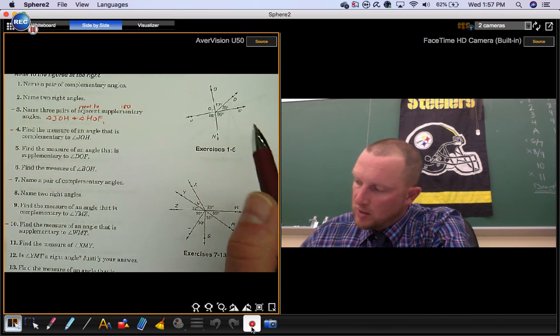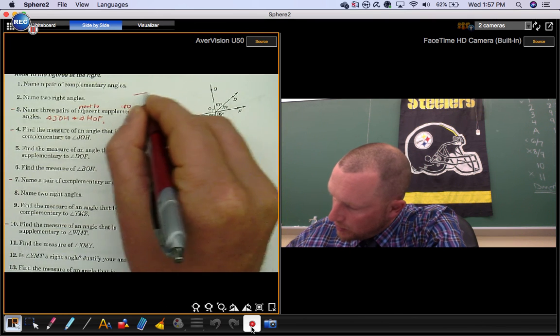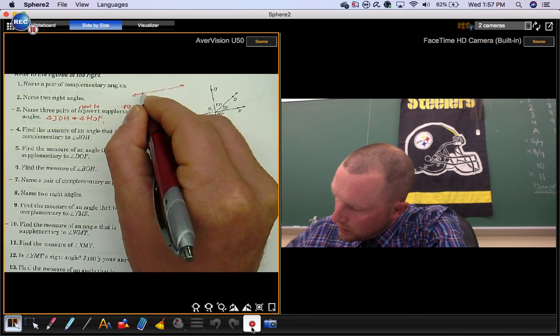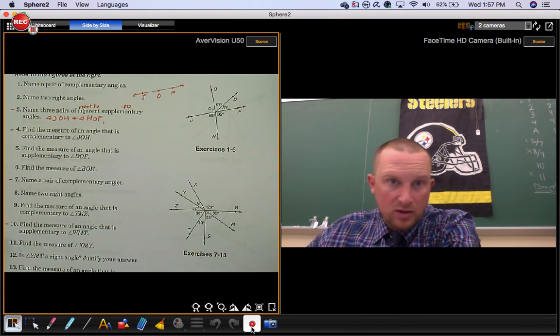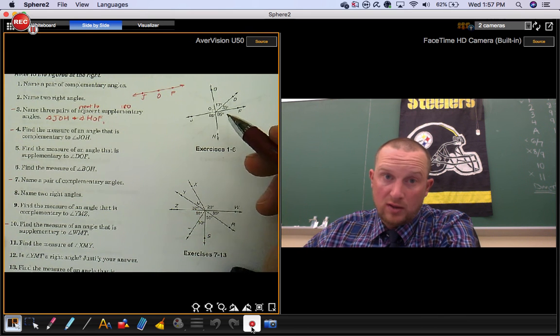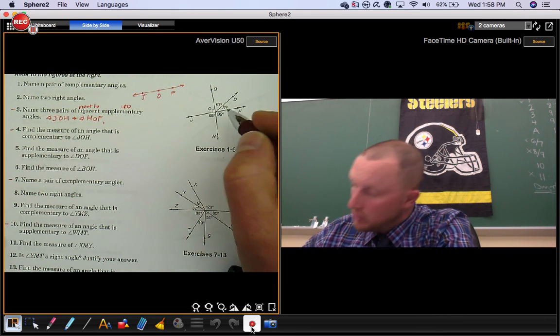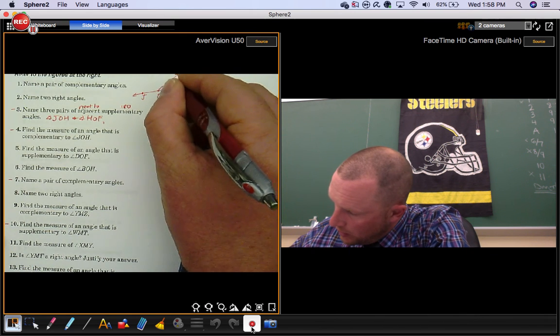So if that's a straight angle, let me draw it for you. There's angle JOF. Watch how easy this is. I'm going to pick one ray to draw from that point O. I'm going to pick this ray OD.